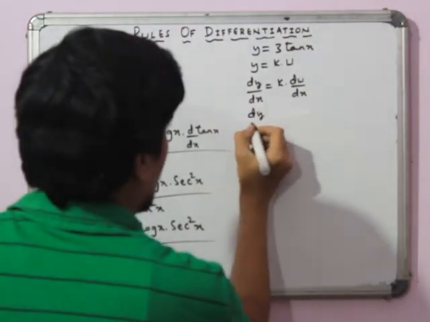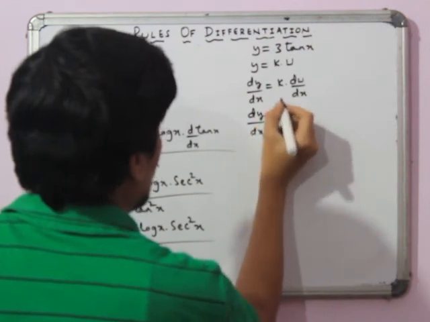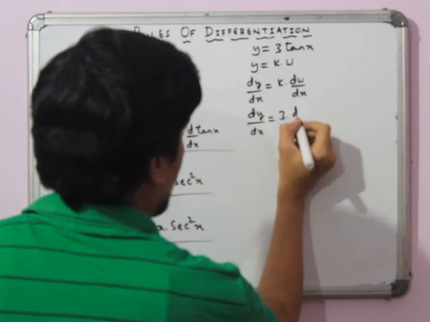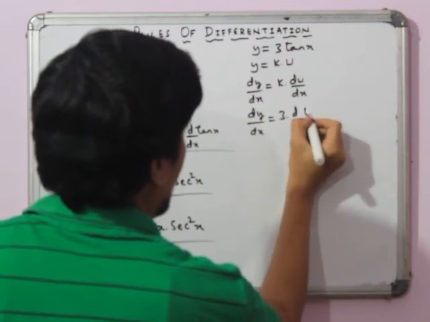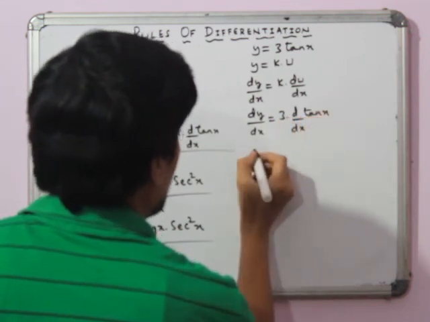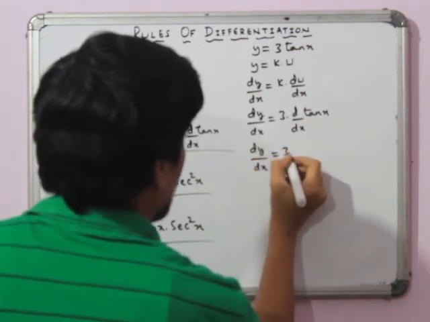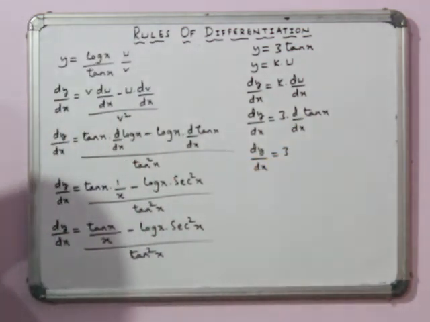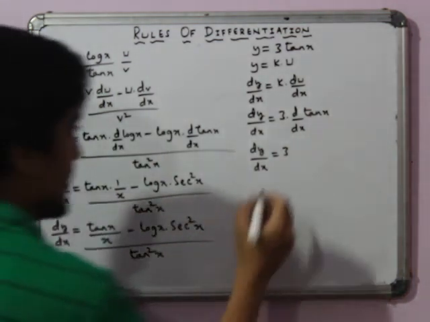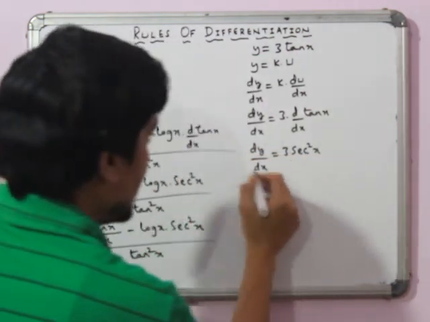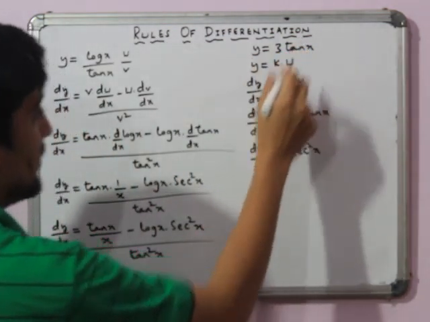Now write according to that: dy by dx equal to k, the constant, that is 3, into differentiation of tan x. Dy by dx is equal to 3, and what is the differentiation of tan x? It is secant square x. This is the differentiation of 3 tan x.